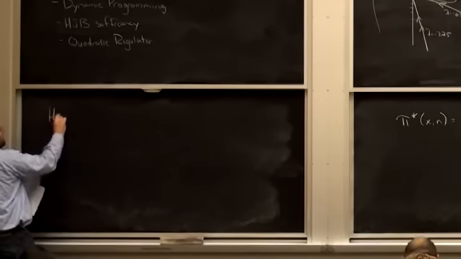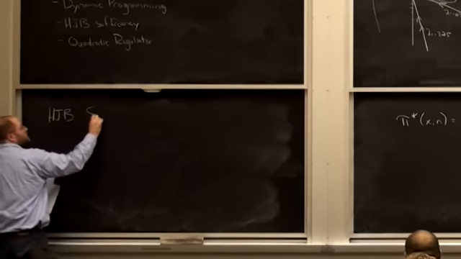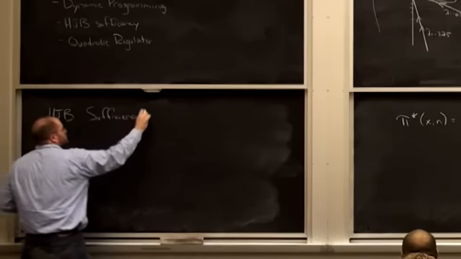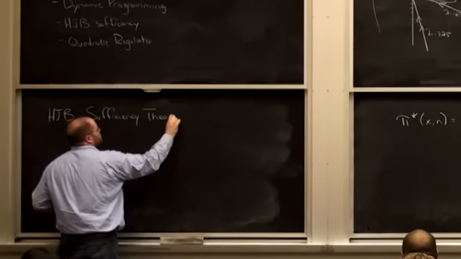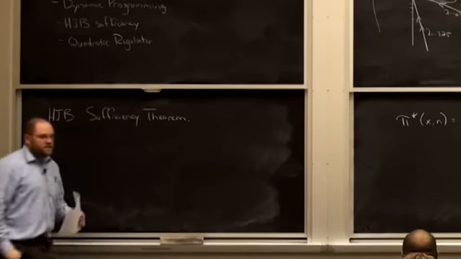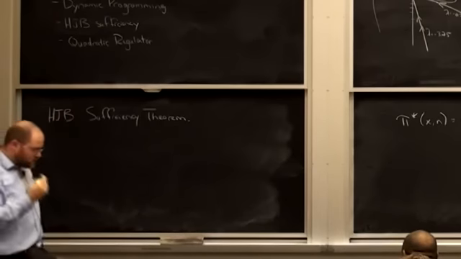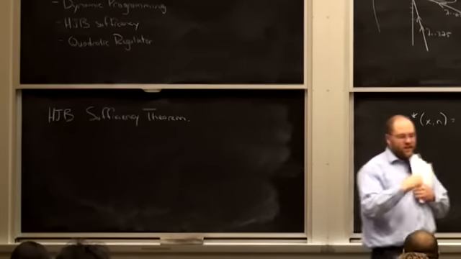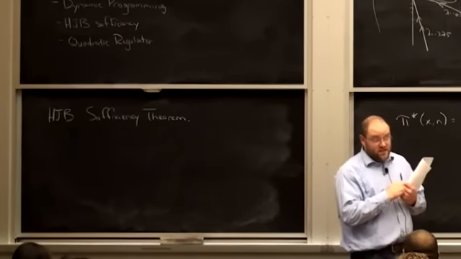There's the sufficiency theorem, which is what gives this guy teeth, okay? So I told you that the Pontryagin's minimum principle was a necessary condition for optimality. It wasn't necessarily sufficient.